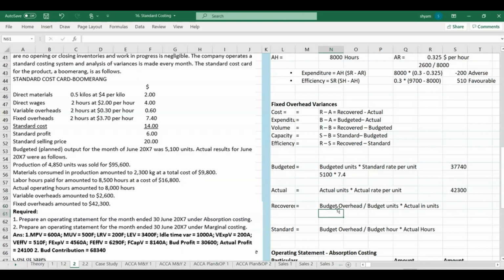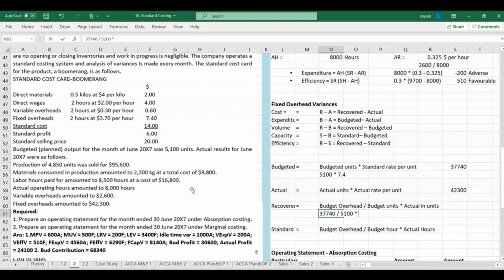Recovered has a formula like this. You have to get the budgeted fixed overhead, which is 37,740, divided by budgeted units, which is the number of units we thought of selling, into actual units.